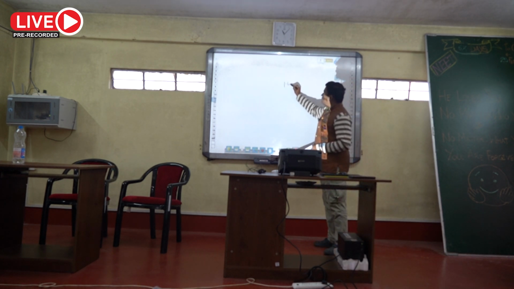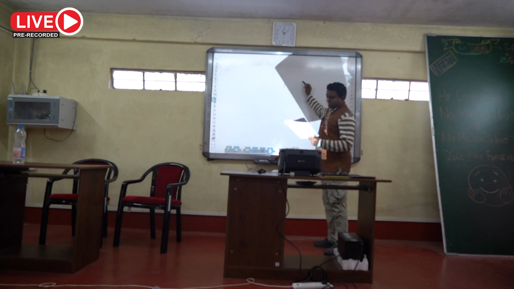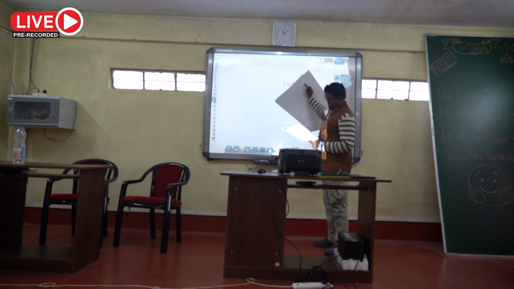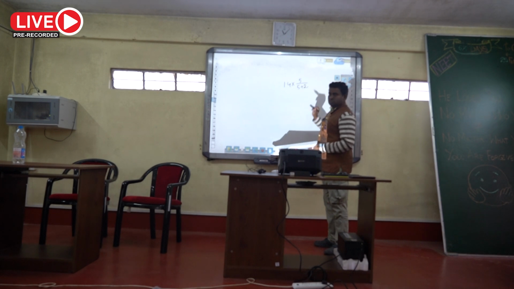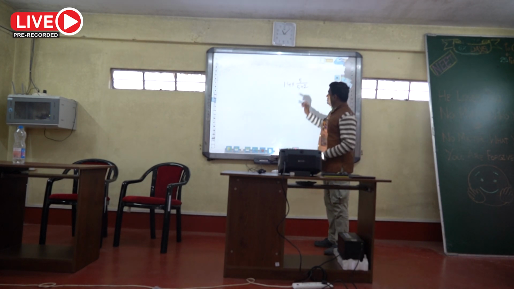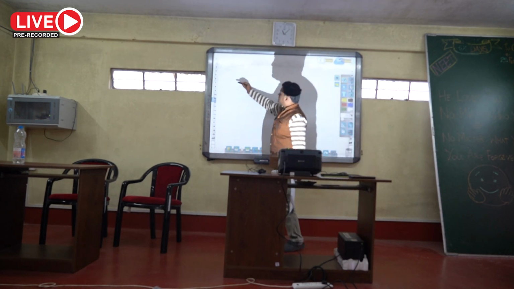That is 1.4 into the inverse ratio of the resistance. The ratio is 5 by 5 plus 2 in the upper branch, that is through the 20 ohm. Because they are in parallel combination, the equivalent circuit is like this.